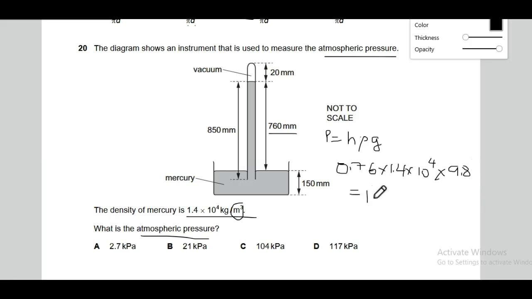Now when you use a calculator, you'll get the answer 104,272 pascals, which is 104 kilopascal. And therefore option C is our answer.